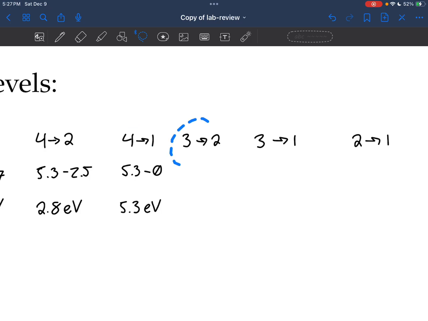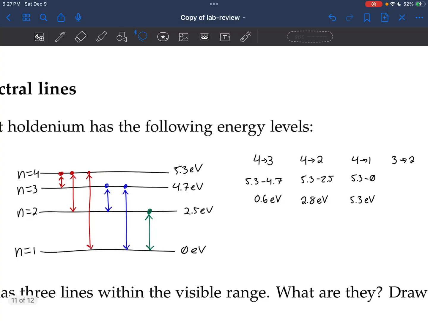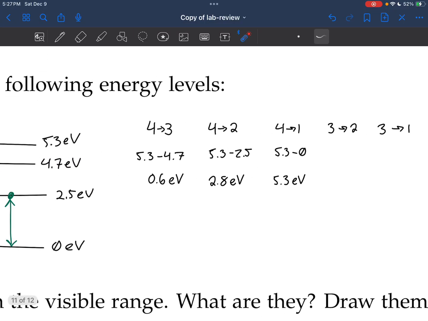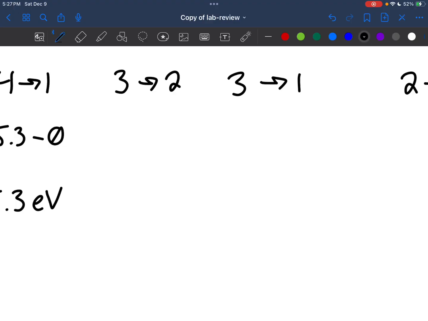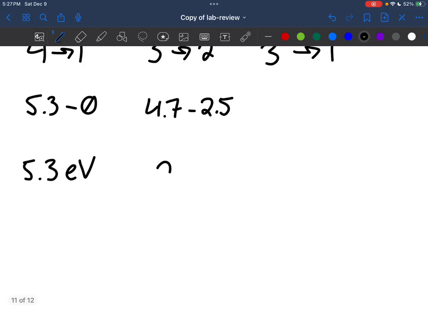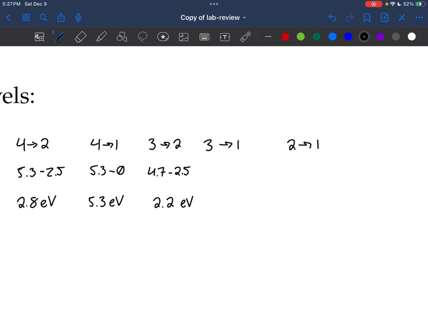All right, moving on. Now we're at level 3, going down to level 2. So that'll be 4.7 minus 2.5, and that will be 2.2 eV. Yep, that'll be 2.2 eV.